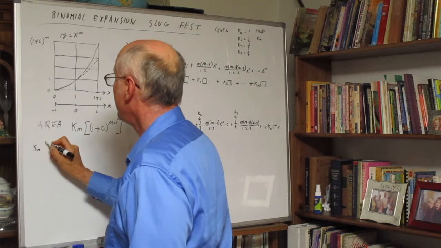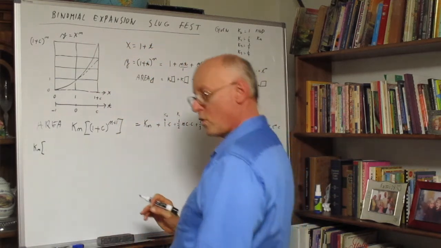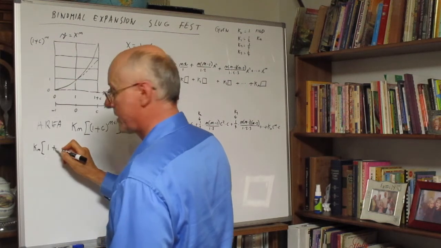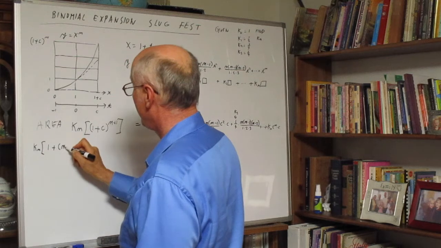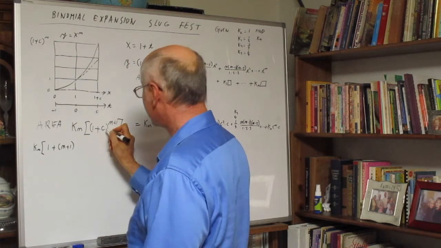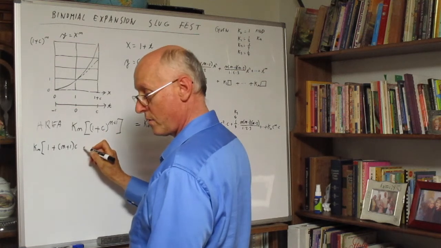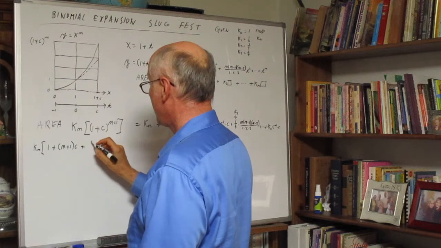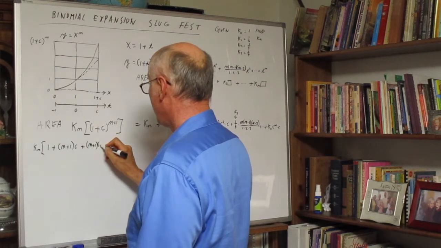K sub n. 1 plus, it's going to be n plus 1 times c. Whew. Is that right? Yeah. Plus n plus 1, n.